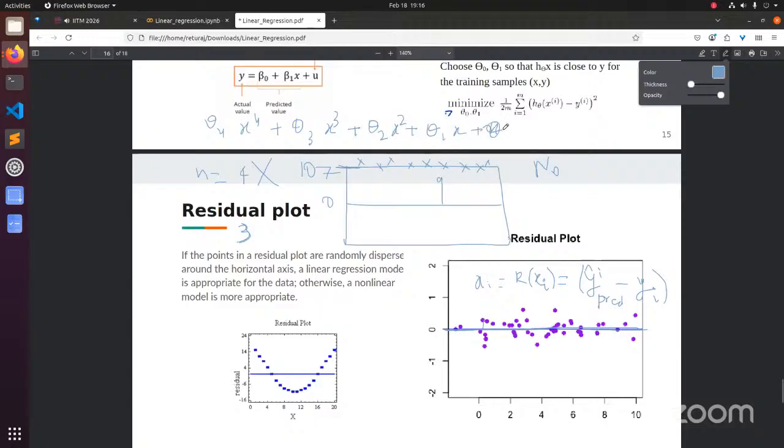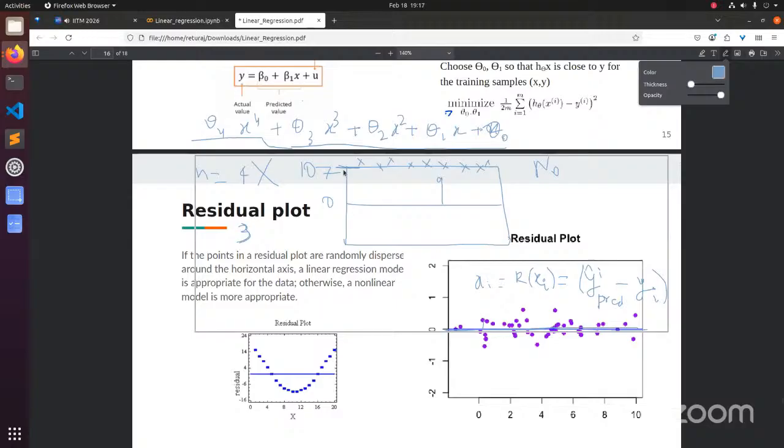This is a 4th degree polynomial, right? Now if you decrease the degree, the 4th degree polynomial already contains the 3rd degree polynomial. If the 4th degree cannot fit, the 3rd degree will also not be able to fit, right?